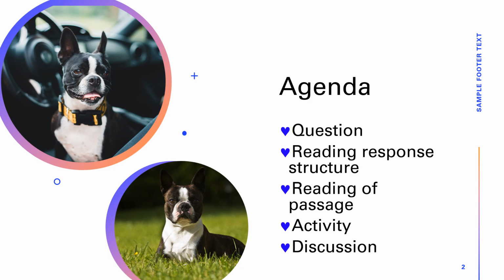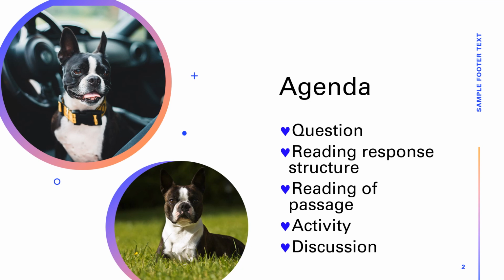For today's lesson, there are a few things that we will be covering. First, there are a few questions that I want to ask you, and then we're going to move on to the reading response structure, and then to the reading passage, where I will be going through the passage with you. I will then also give you 5 or 10 minutes to ask me a few questions if you have any.